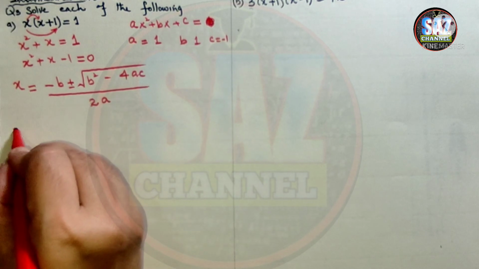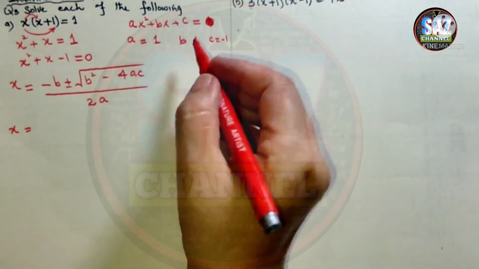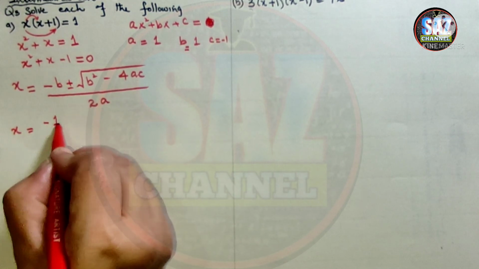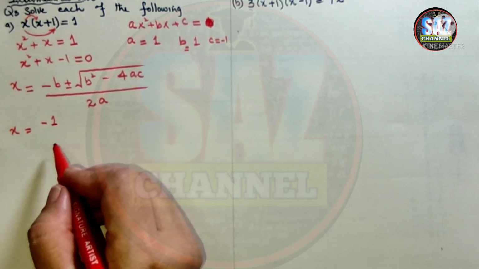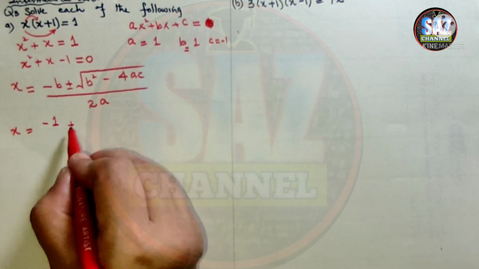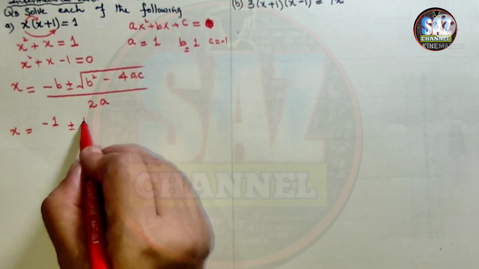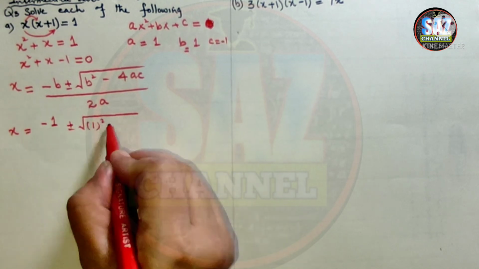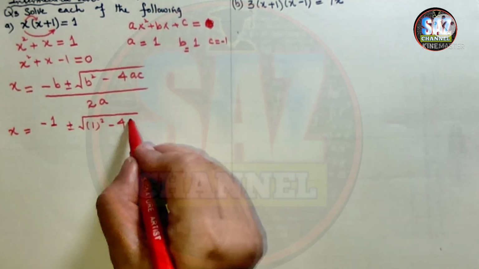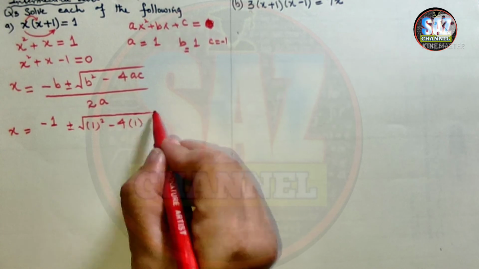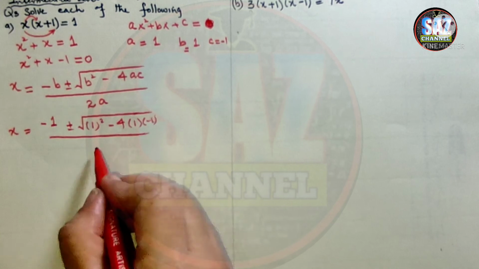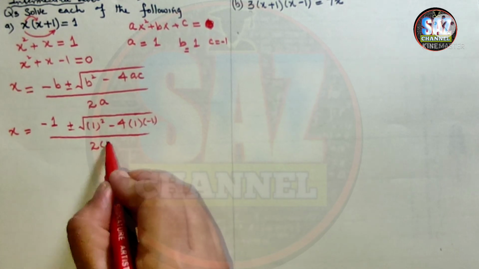Now we have to insert the values carefully: b equals to 1, and this is a minus sign which is already in the formula, plus minus square root of b square, that means 1 square, minus 4, a is 1 and c is minus 1, divided by 2 into 1.